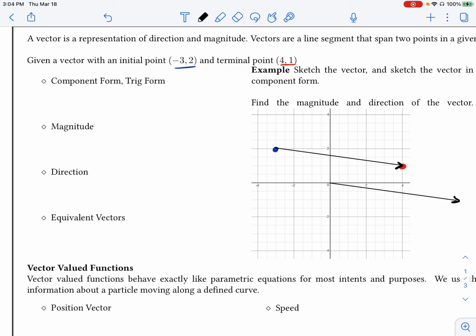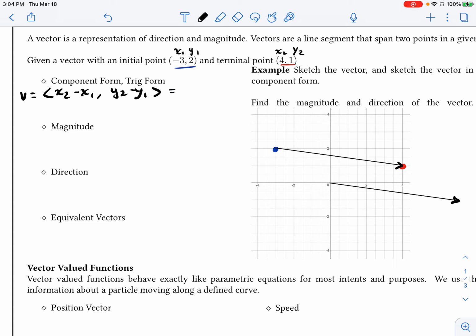Well, how could we find that component form of that vector? Well, if this is my x1 and my y1, and this is my x2 and my y2, so my horizontal and vertical components, we can just go ahead and write this vector. I'll just say vector v here. We can describe it as x2 minus x1, comma, y2 minus y1. So what would that look like here?